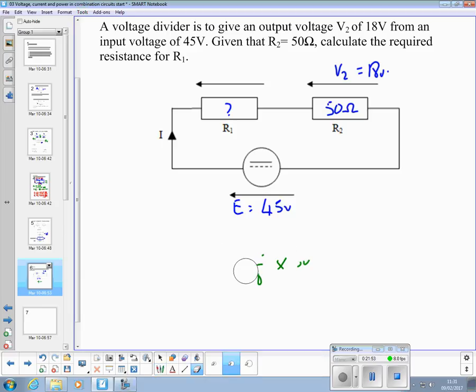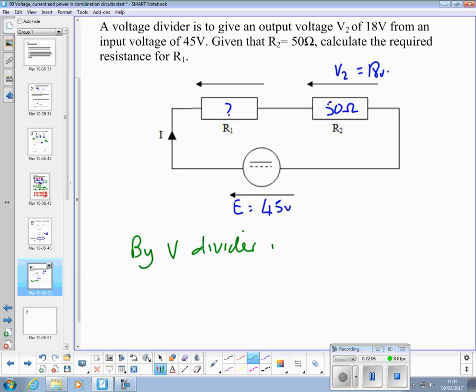Let's just do the voltage divider rule first. By voltage divider rule, V2 is equal to E times R2 over R1 plus R2.